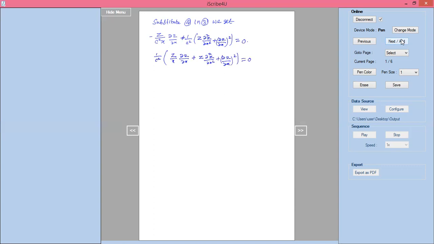Cross multiplying the 1 by c square, we get z by x dou z by dou x plus z into dou square z by dou x square plus dou z by dou x whole square equal to 0, which is the required solution for the given equation. I'm telling here, partial differential equation solutions are not unique. You can express them in different ways also. PDE solutions are not unique.